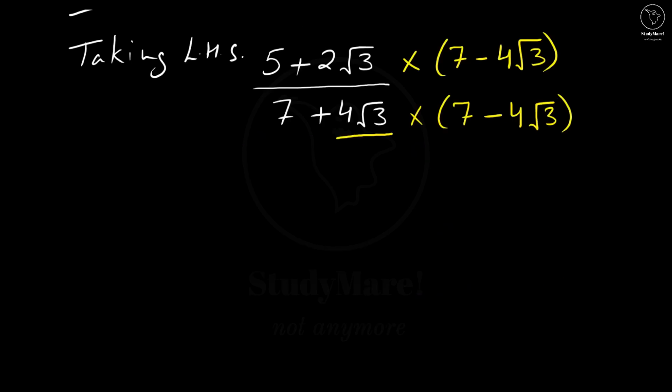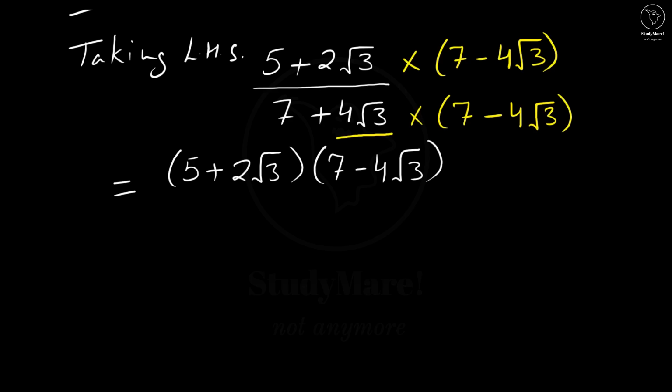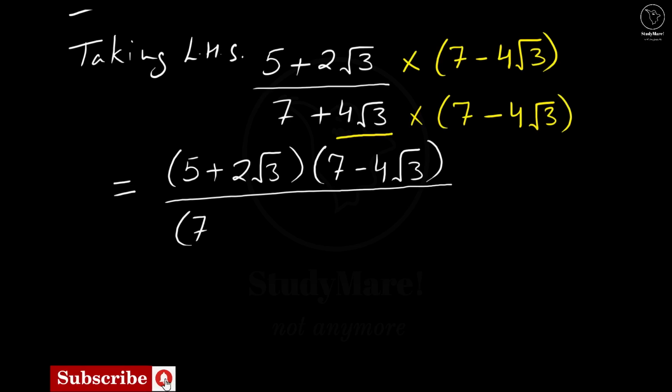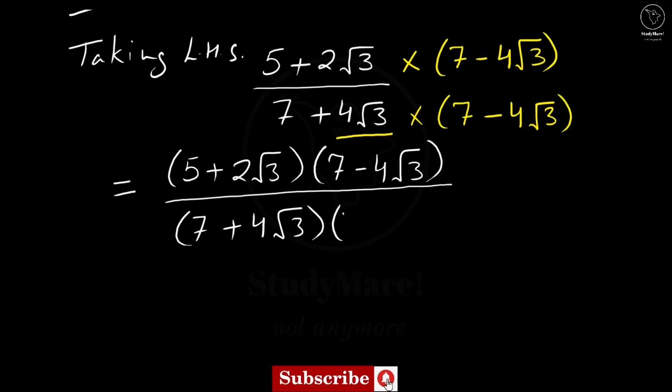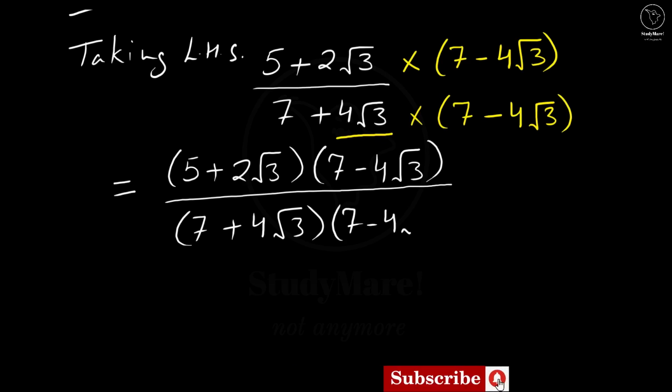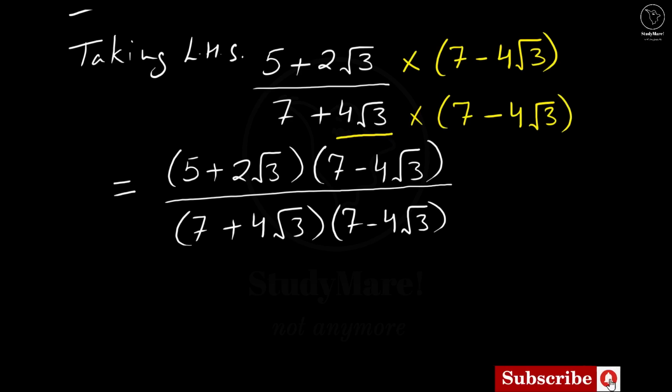Taking it further, we get 5 plus 2 root 3 multiplied by 7 minus 4 root 3, and in the denominator we get 7 plus 4 root 3 multiplied by 7 minus 4 root 3, which is equal to, in the numerator we cannot use any identity, so we simply expand the bracket.